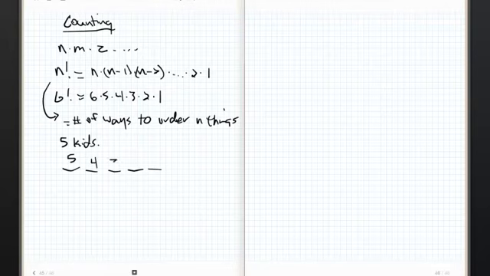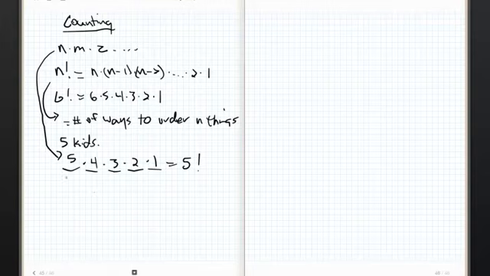There's 4, etc. 3, 2, and 1. Because of the fundamental principle of counting, and because I'm making a set of kids lined up against the wall, this is 5 factorial. All right? That is the basis for probabilistic counting. It's going to get used over and over and over again.